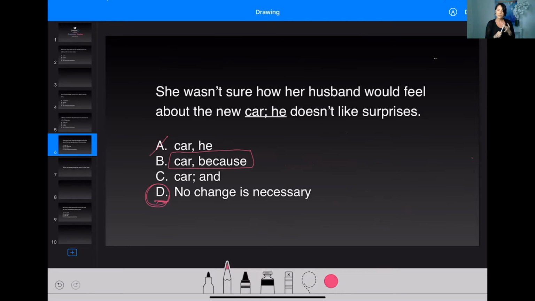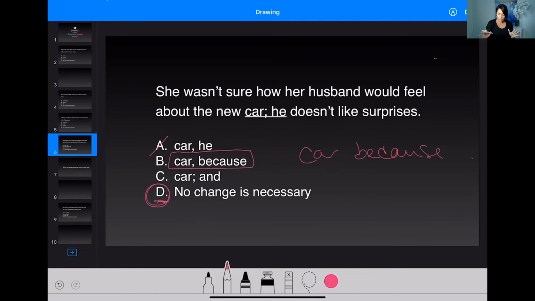Because, however, although, even though, and therefore are called subordinating conjunctions, and they're considered strong. So you could say she wasn't sure how her husband would feel about the car, no punctuation, because he doesn't like surprises. The because can be on its own, okay?